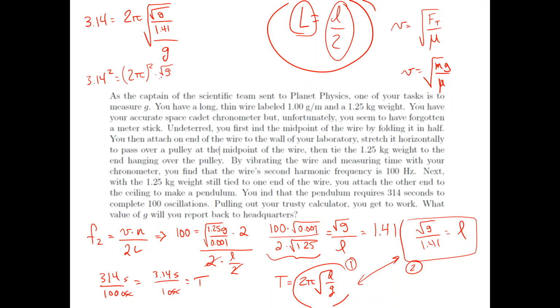Square root of G over 1.41 over... equal to 4 pi squared G to the 3 halves. That's what G is equal to.